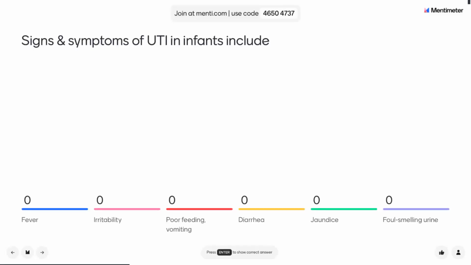So, what are those signs and symptoms of a urinary tract infection that you would see in an infant? Our infants tend to have those vague symptoms.